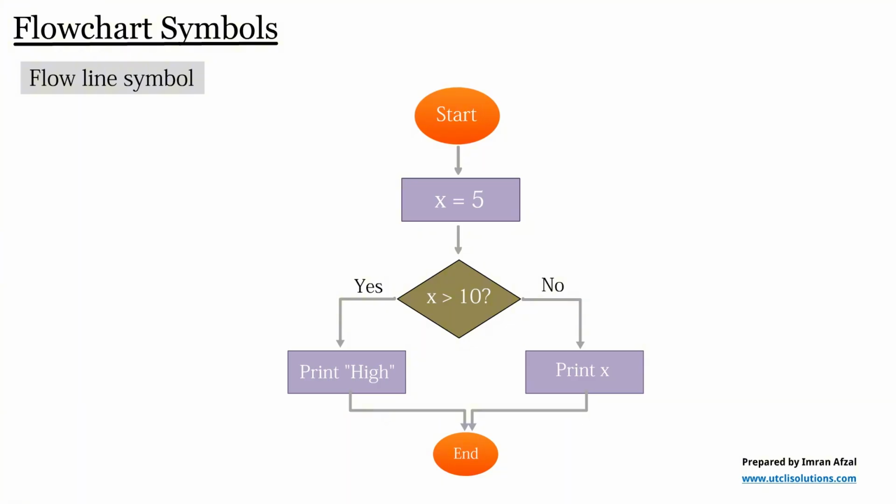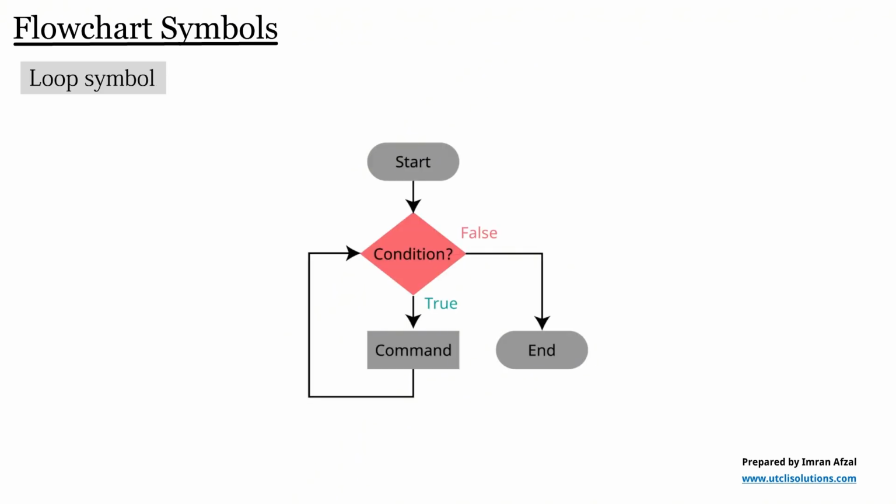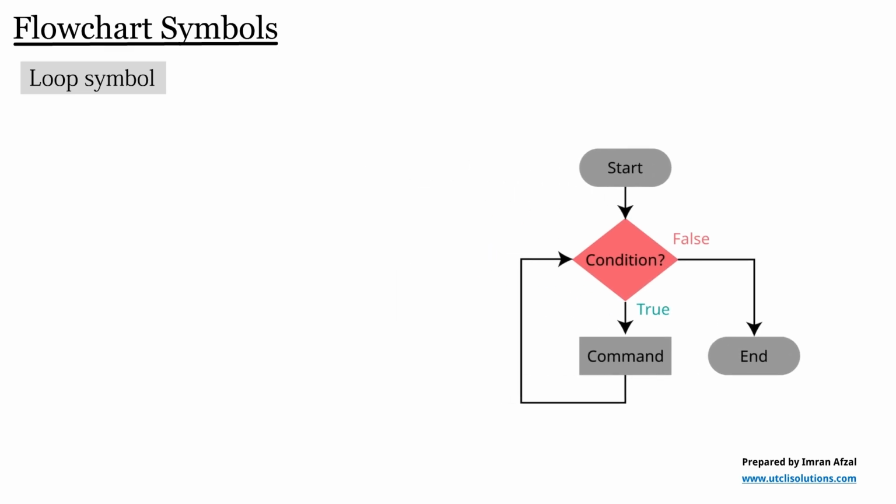Another useful symbol is the loop symbol, although loops are usually shown using a combination of arrows and decision diamonds. A loop in Python is when you repeat a task many times, like using a for loop or a while loop.